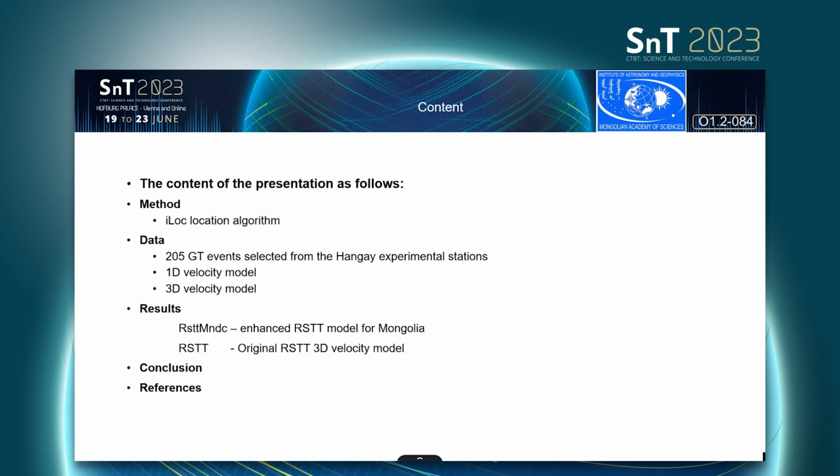Okay, I will talk about the ILOC location algorithm and data which includes GT events, 1D velocity model and 3D velocity model, also the results, conclusion and references.